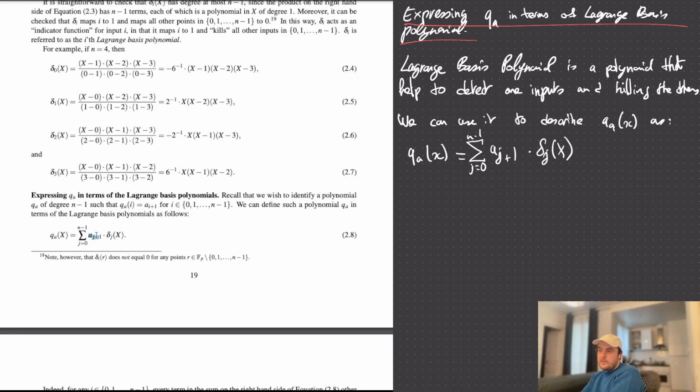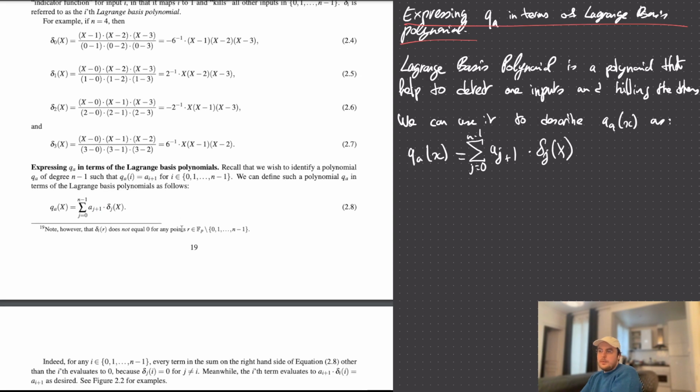So basically this input will be killed, because it will be this input times 0. And the only one that gets 1, so that we get the right a of j, is when x is equal to j. So we will get only the right a for the right x. Okay, I hope it makes sense.